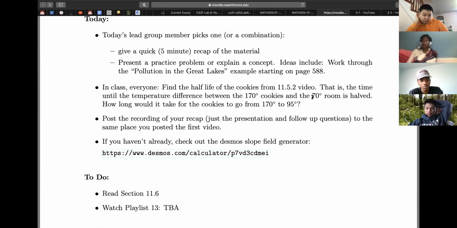We're wondering what is the time until the temperature difference between 170 and 70 is halved, and then furthermore, 170 and 95. This property is showing the half-life of the function.